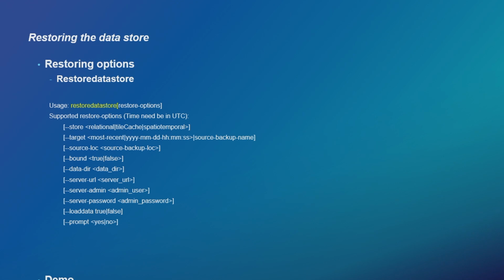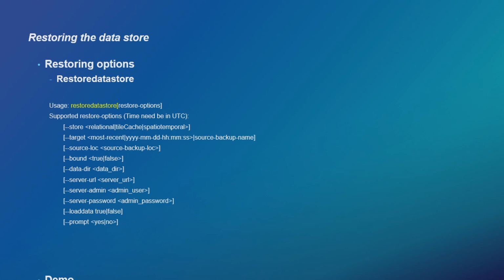Now the source location is actually the parent folder of where those backups reside. So if you look into the structure of the ArcGIS data store content directory, so C:\arcgisdatastore, go into backups, you'll see parent folders like relational, cache, spatial, temporal. It's wanting that level of directory. Don't go deeper, just give it that.